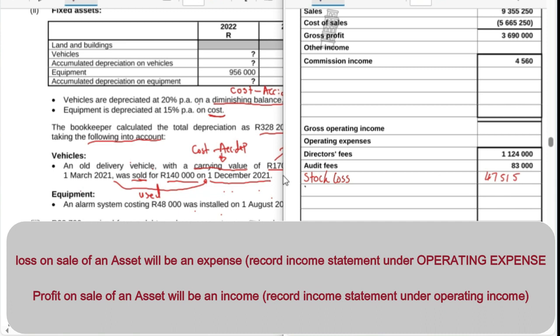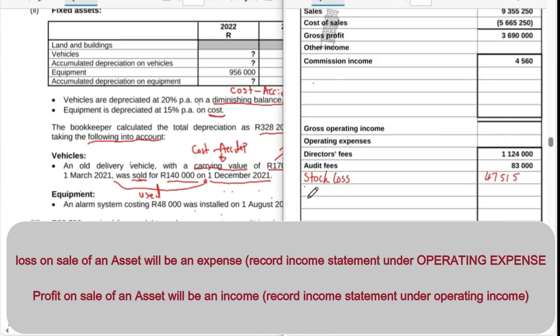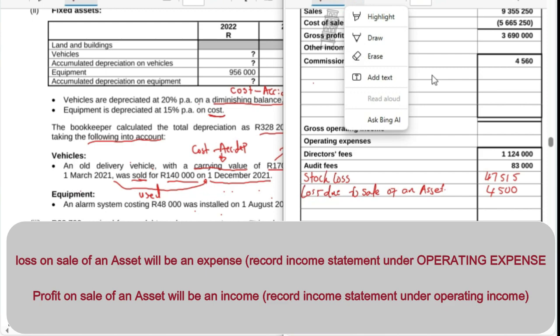And then we are going to say we have loss due to sale of an asset. And then we made a loss of how much? 4,500. That is the loss that we made.